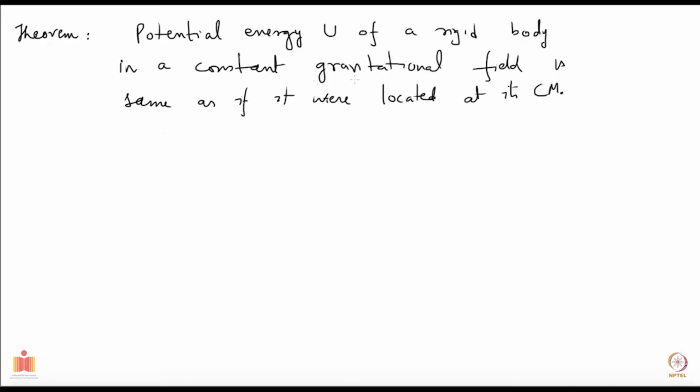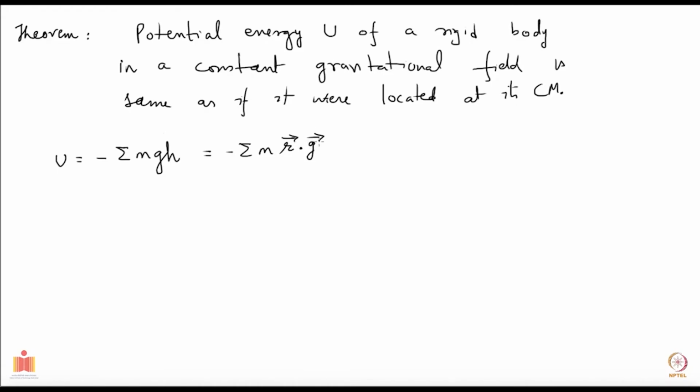Okay, let's see how. So you have the potential energy due to gravitation as minus, I have to sum over all the particles, mgh, the height of those particles from some reference origin, which is just minus some summation over all the particles, and let's say r is the vector which tells where the particle is, and all you have to do is take a dot product in the direction of g.